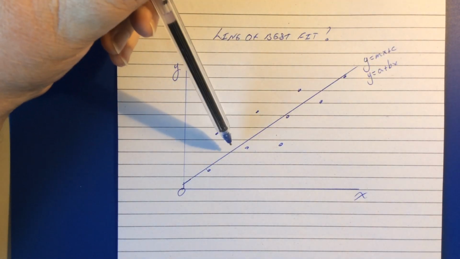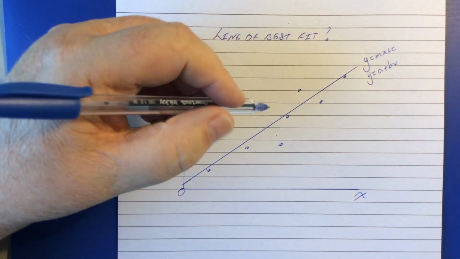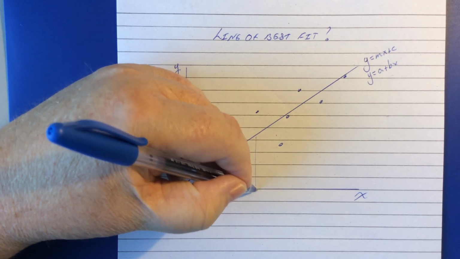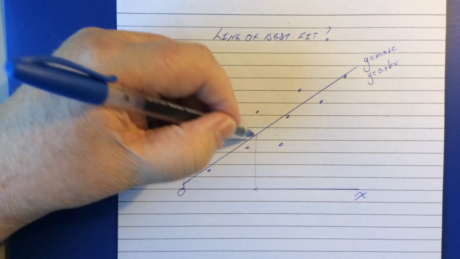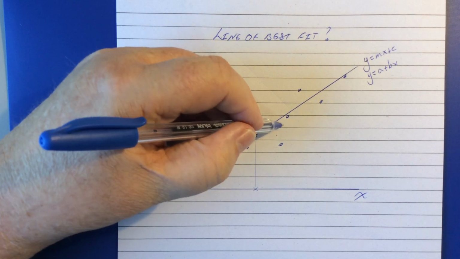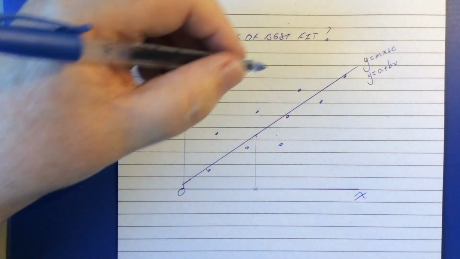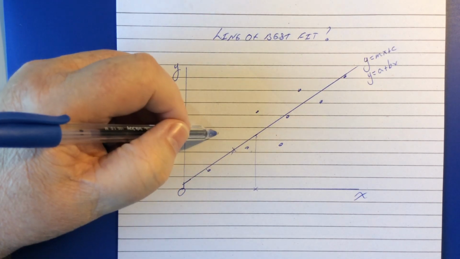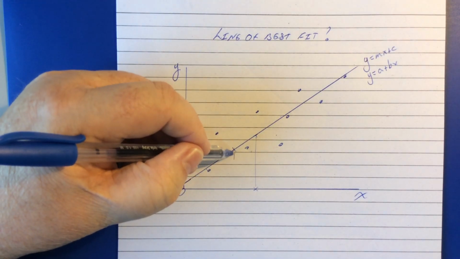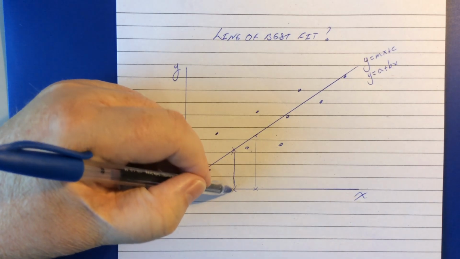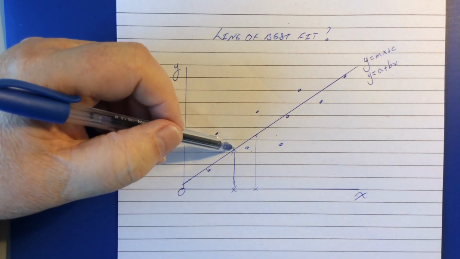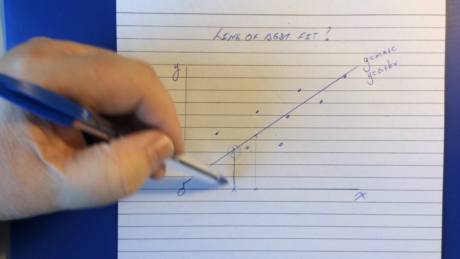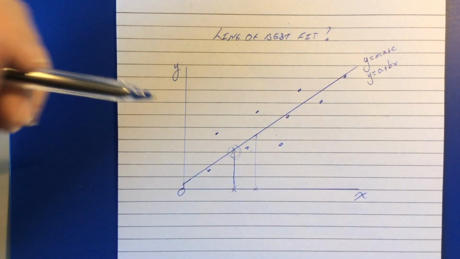So it allows us to say, for instance, what we would expect if our x value were this, or if it were, where's there a gap? If it were this, see, we have no data here. We've got data here and data here. But if we were going to try and predict what the data should be, it should be somewhere around here if we were to take this x value.